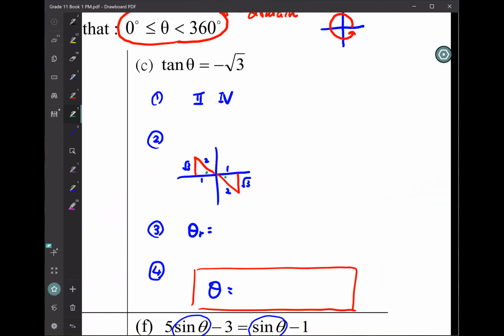Okay, do you know what to do next? Is it 180 plus 60 and then 180 minus 60? You have to look at the picture. It's not always like that. It's not a fixed rule, okay? The first angle that we want to get is to stop in the second quadrant. I'll draw it separately.